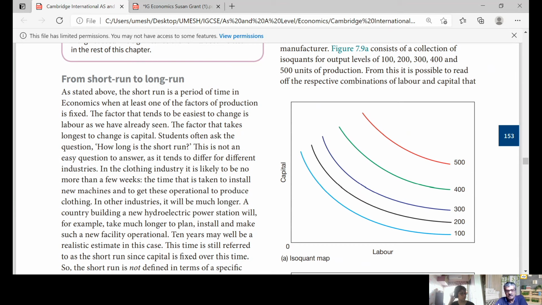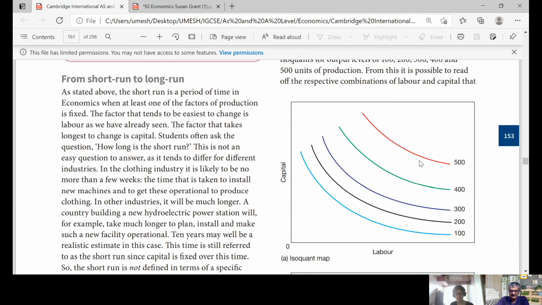But after reaching a point, if the business still wants to expand, they will have diminishing returns to scale. That means the cost will keep increasing, because more labor wages, more interest, and more rent will have to be paid by the firm, and that will increase the cost in the long run.